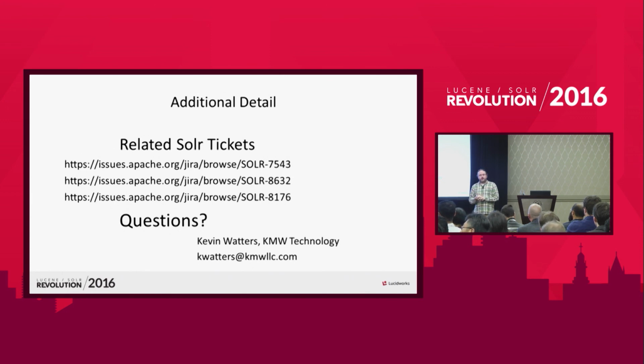Is there an overhead for the depth, or is it really more tied to edge traversal? It's really tied to edge traversal. The number of unique edges that you traverse is the binding factor for the performance of this. There is an optimization if you say you're only going to go one hop away: once it knows that it's done that one hop, it's not going to bother with the doc value lookup.